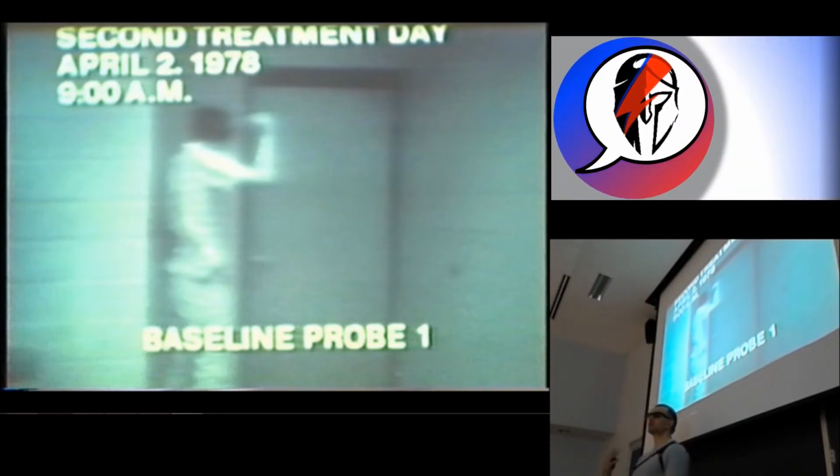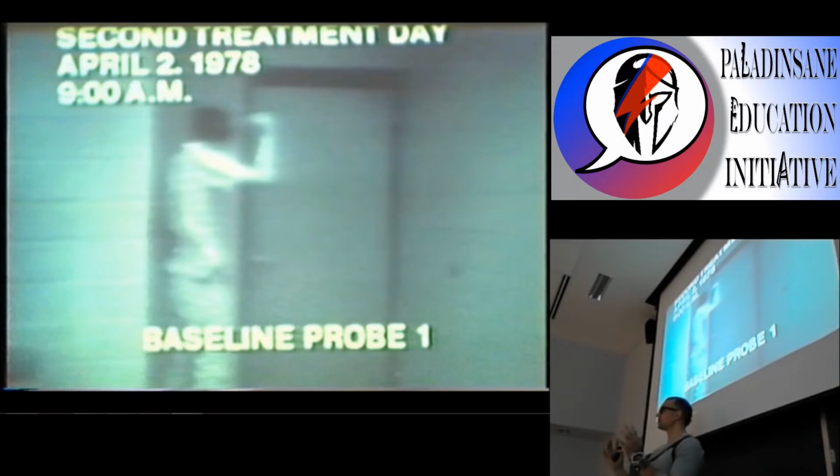So if Harry truly was a dangerous threat to himself or others, if he was, for example, self-abusing with a knife or some other form of weapon where his life was in danger, then you couldn't use this design. You can't do a reversal design in those conditions. But they had determined that even though the self-abuse was a problem, it wasn't dangerous enough to not use the reversal.